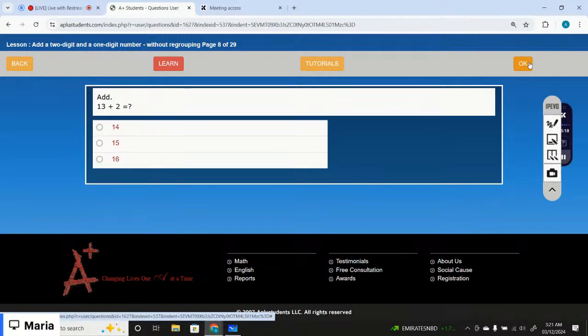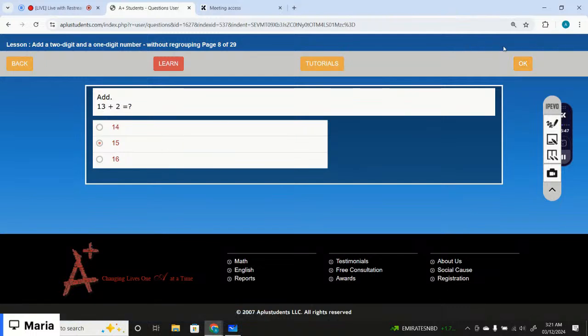Thirteen plus 2, which is the correct option? That is 15.